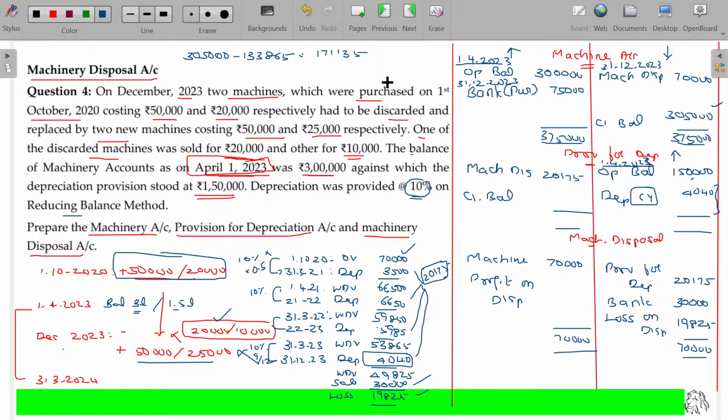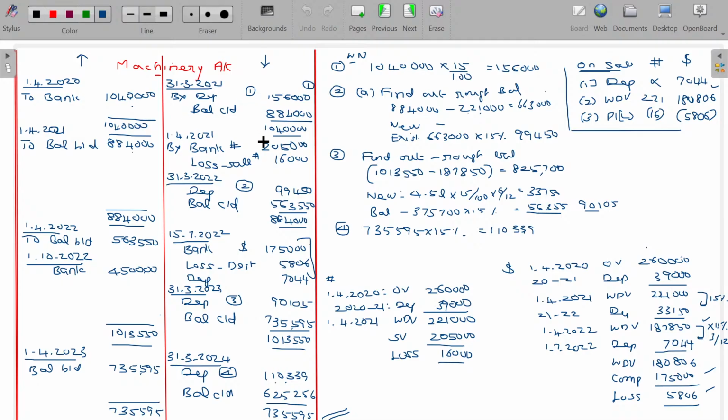Is that clear? So, how can you calculate the rough balance? In the earlier illustration, the rough balance is nothing but debit minus credit. In this case, take debit minus credit of the asset, debit minus credit of the provision for depreciation, and then make a net of it, because here the depreciation is already included in the provision for depreciation account.